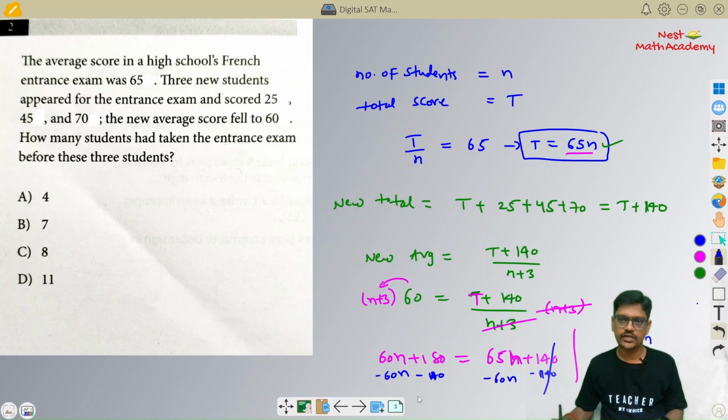Here 140 cancels. 180 minus 140 is 40. Dividing with 5 on both sides, 5 times 8 is 40. n is equal to 8. Therefore, the number of students who took the test before these three students is 8. That is the answer.